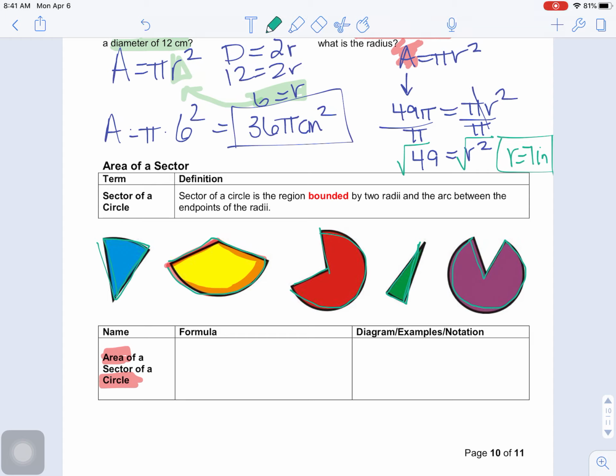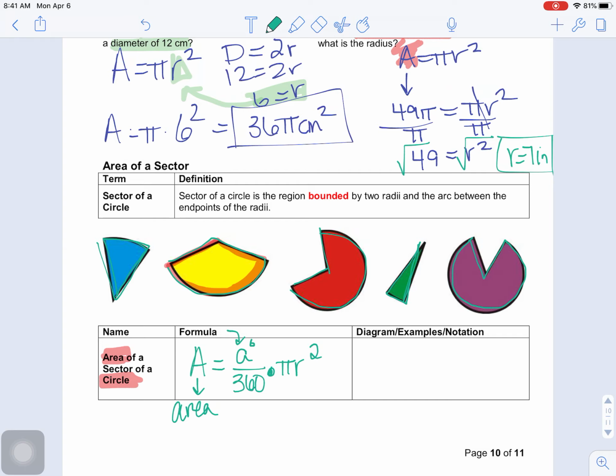Here is our formula for that. The area is found by taking the central angle given, or the arc, over 360 times our area formula, pi r squared. Again, A is area.